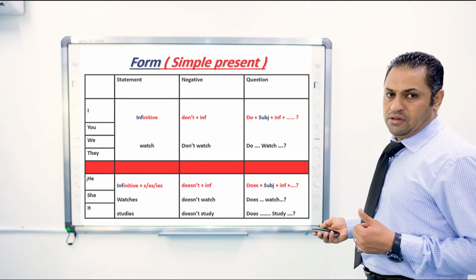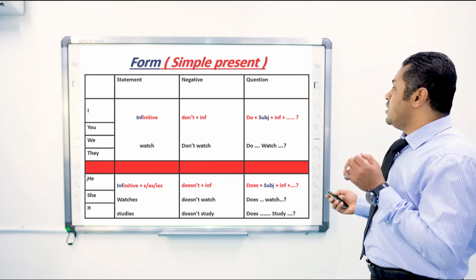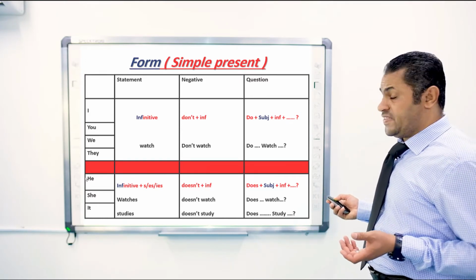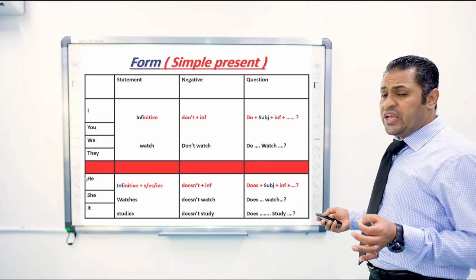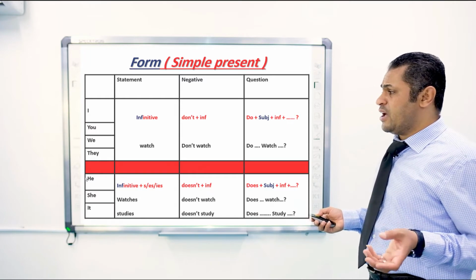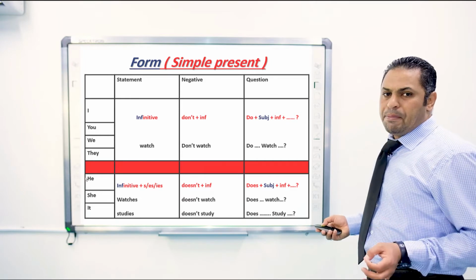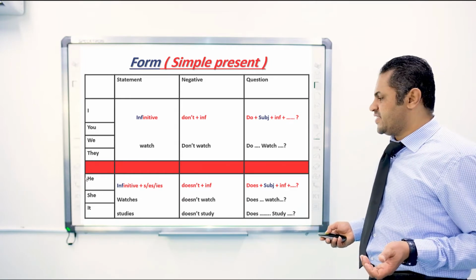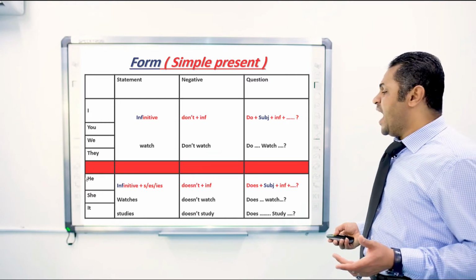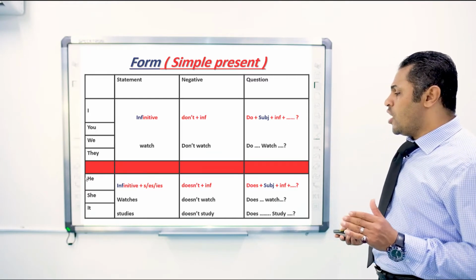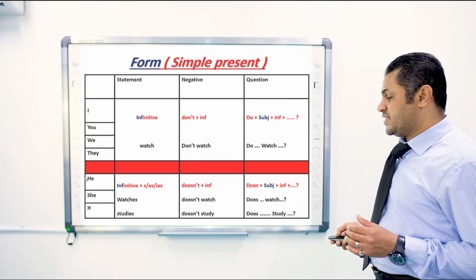Look at this table that clarifies the forms in the simple present tense. In a statement, we have the infinitive with subjects such as I, you, we, and they, such as watch. But if the subject is singular, such as he, she, it, or any singular subject, we add s, es, or ies to the verb, such as watches, studies.